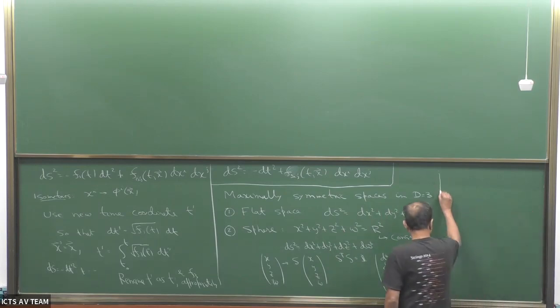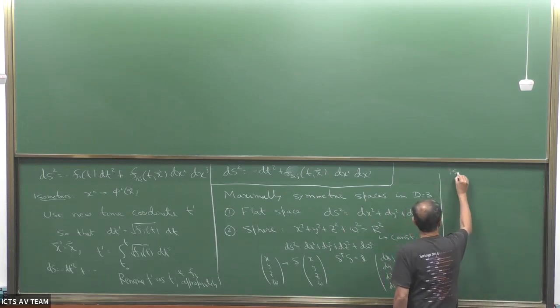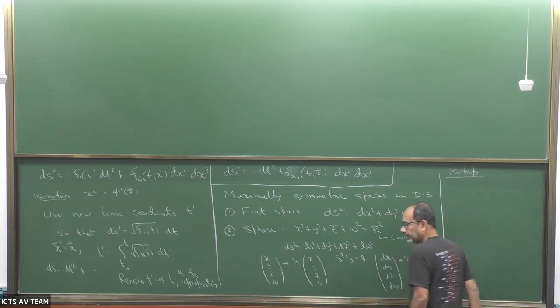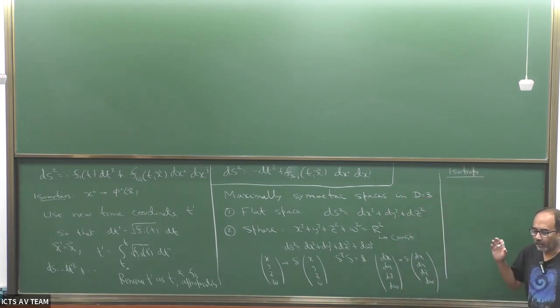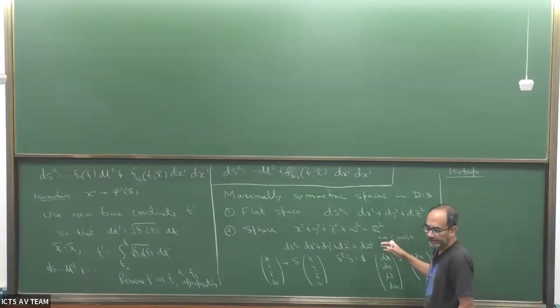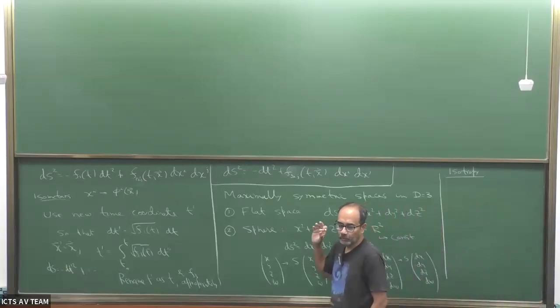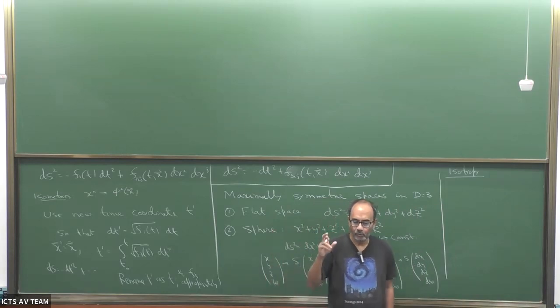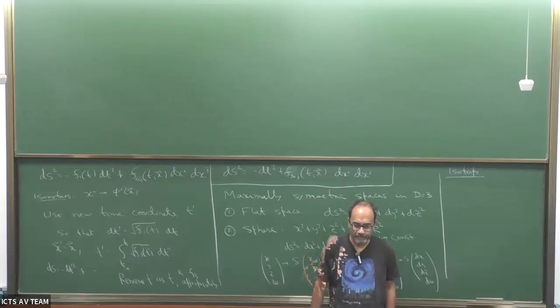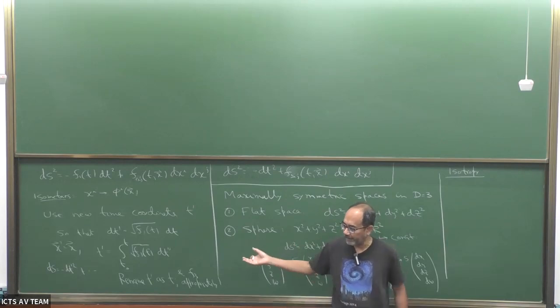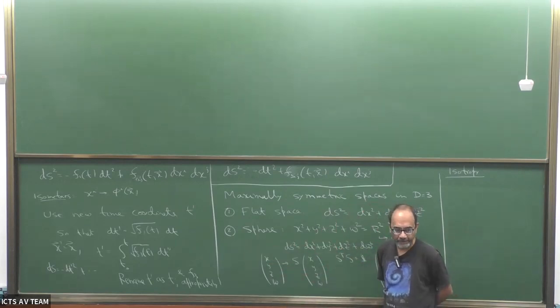Now, isotropy. As we discussed, once you have proven that the space is homogeneous, then to prove isometry, it's enough to prove that it's isotropic around one point. You pick any point in that space, and if you can prove that the space is isotropic around it, that's good enough, because then you can use the homogeneity to move the points.